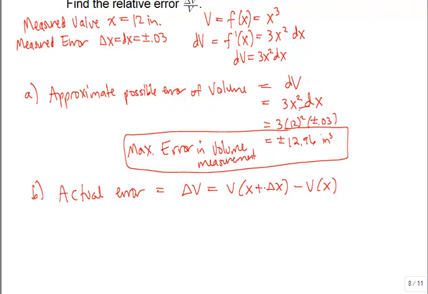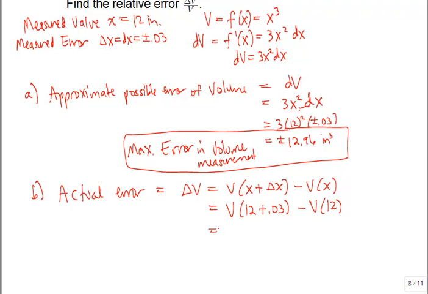It's the difference in the good versus the bad points. So in this problem, our x is that 12, and then our delta x is either plus or minus 0.03. I'm just going to do the plus case because it's going to be the same whether you do plus or minus. And we are going to use 12 again for this x.